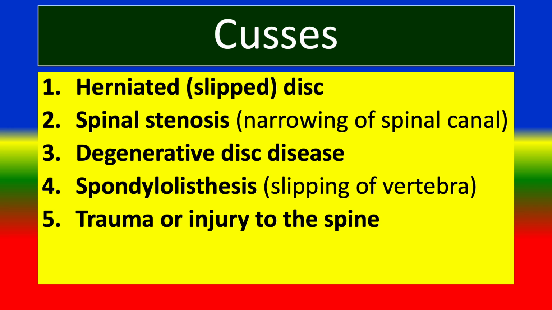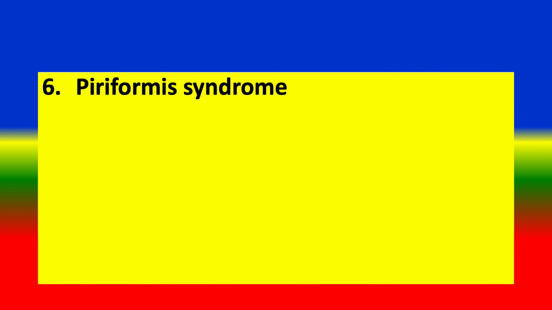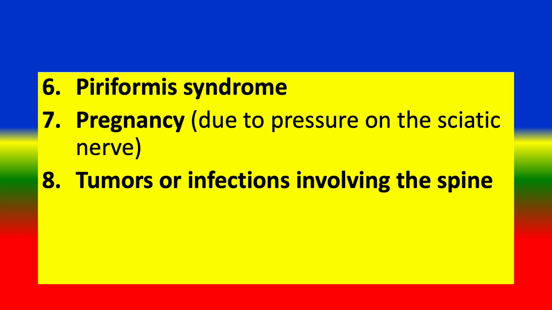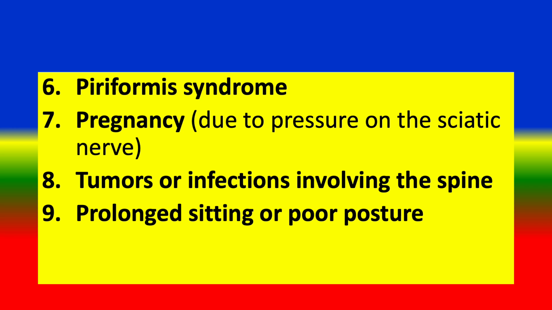Trauma or injury to the spine. 6. Piriformis syndrome. 7. Pregnancy, due to pressure on the sciatic nerve. 8. Tumors or infections involving the spine. 9. Prolonged sitting or poor posture.